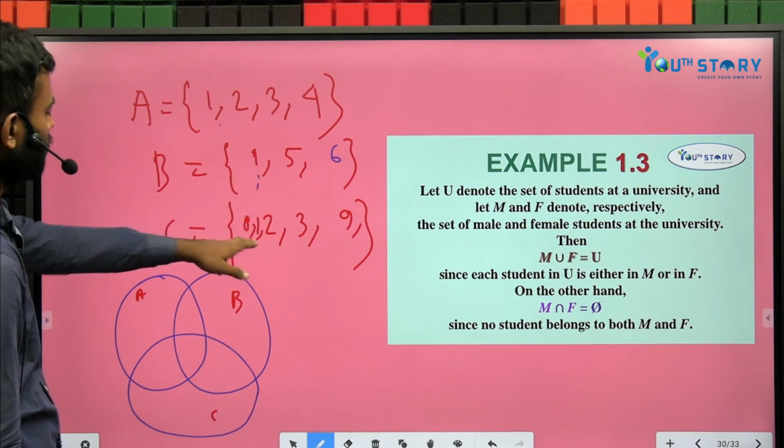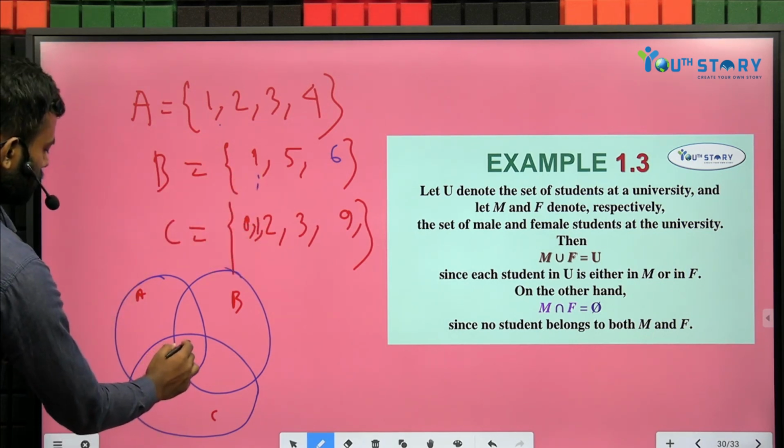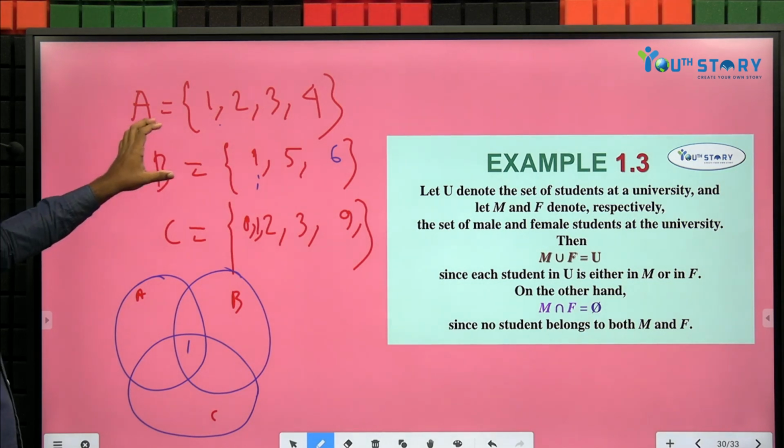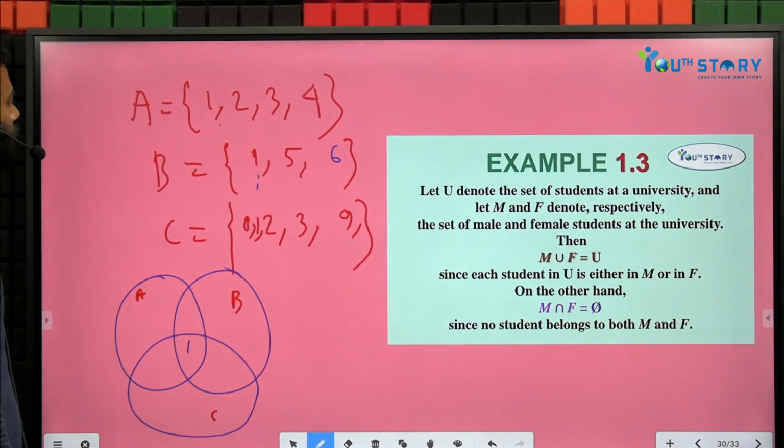So A and B have only one common element, namely 1.